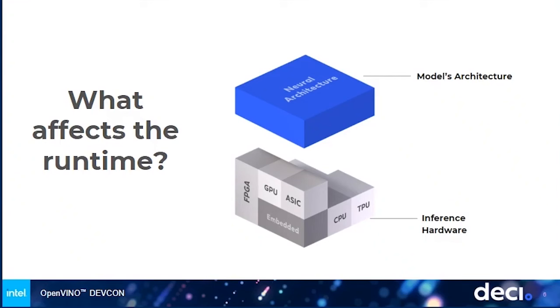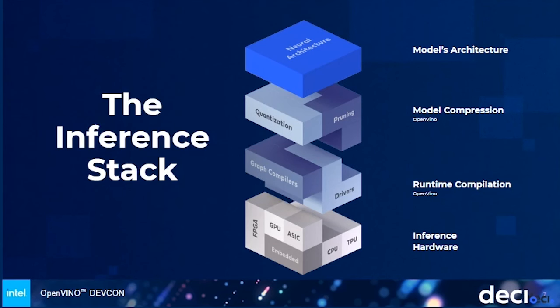Okay, so in our quest to get an accurate and fast model, we need to understand what affects the runtime of a model. The two main players, of course, are the architecture and the target inference hardware, but this is not exactly the complete picture, as you know, as part of the OpenVINO Dev conference.